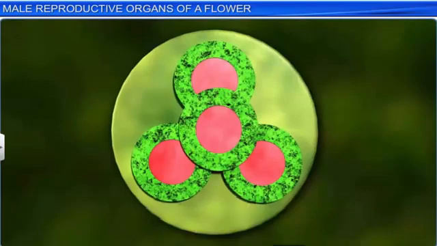When pollination takes place within the same flower or between flowers of the same plant, it is known as self-pollination. In plants, self-pollination can occur either through autogamy or geitonogamy.